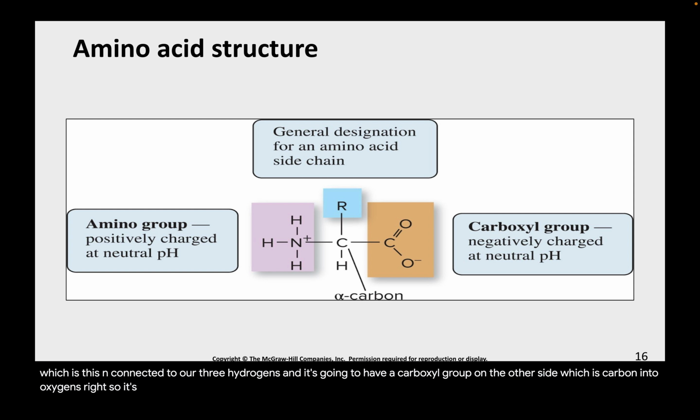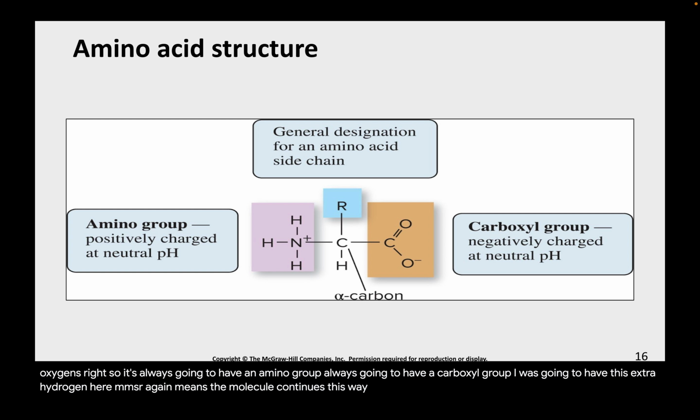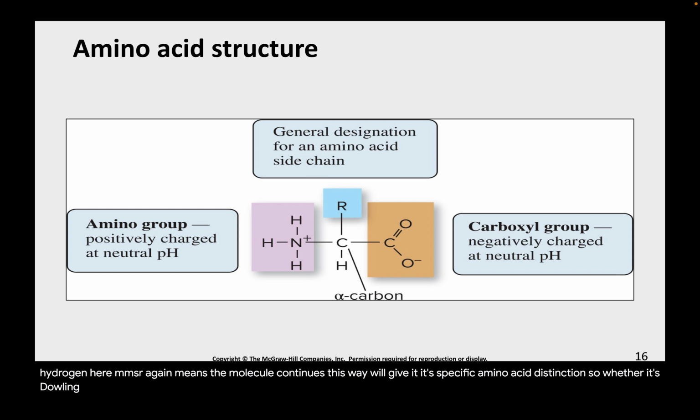So it's always going to have an amino group, always a carboxyl group, and always this extra hydrogen here. Then this R means the molecule continues this way, and it gives it its specific amino acid distinction, whether it's valine or proline. It distinguishes it from the other amino acids, and there are only 20 different ways that this can vary.